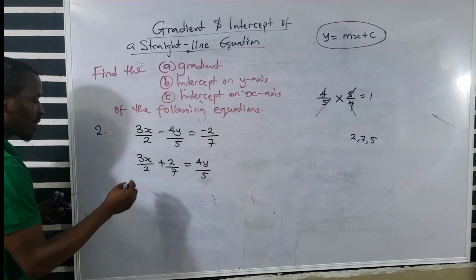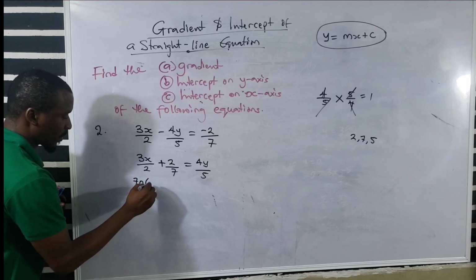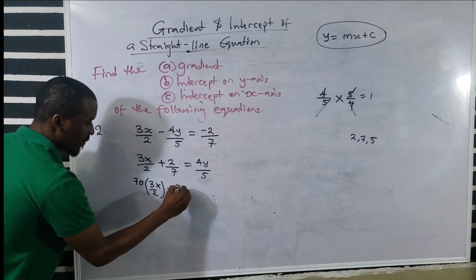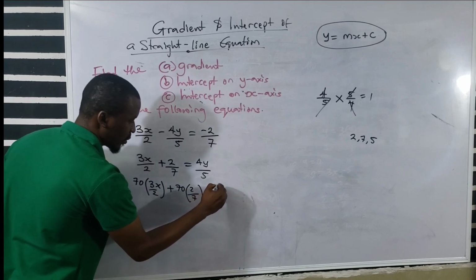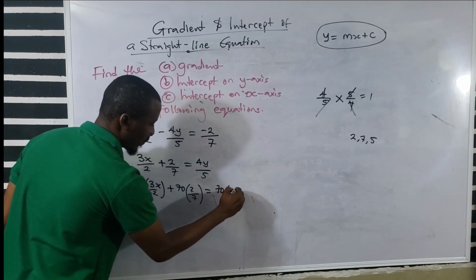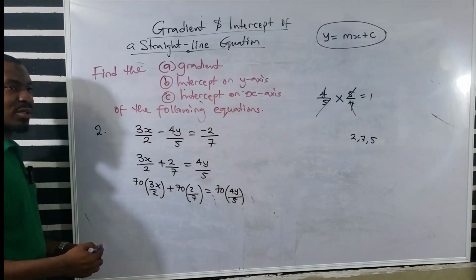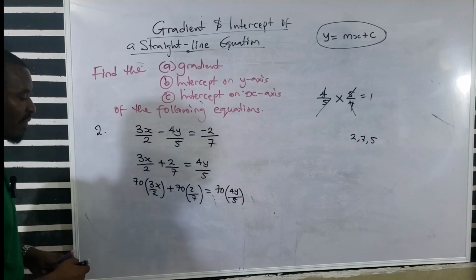So that will give me 70 into 3x over 2 plus 70 into 2 over 7 equal to 70 into 4y over 5. Remember, there are so many other methods you can use to make y the subject of the formula.